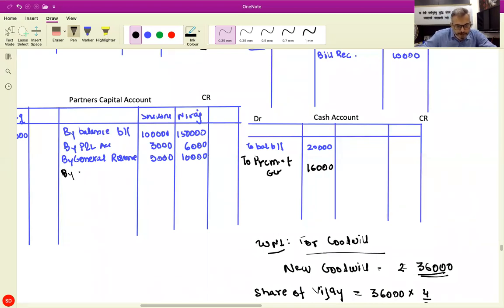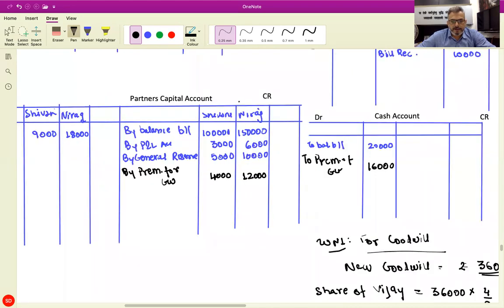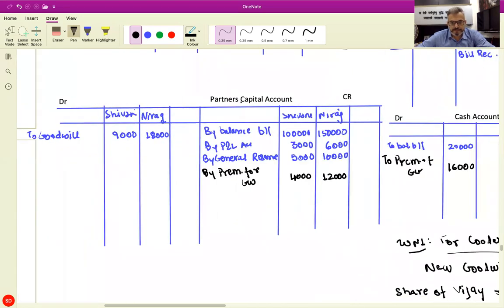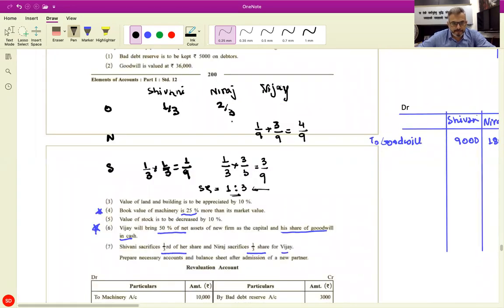Distribute between all partners by premium for goodwill 16,000. So 4,000 and 12,000. Next, so goodwill is done.